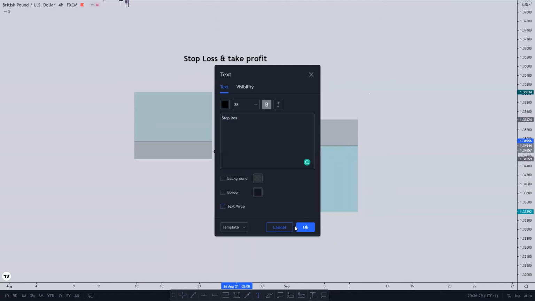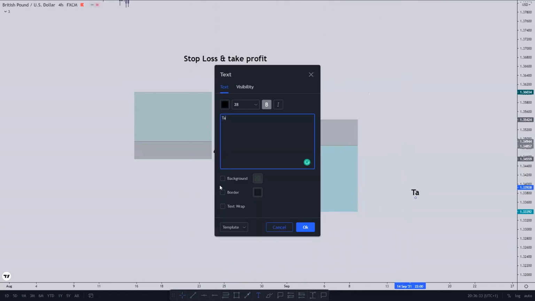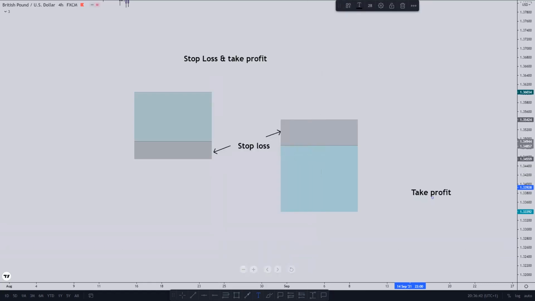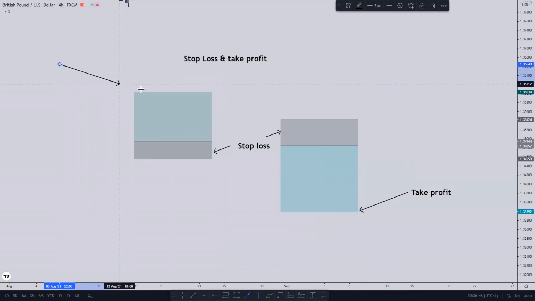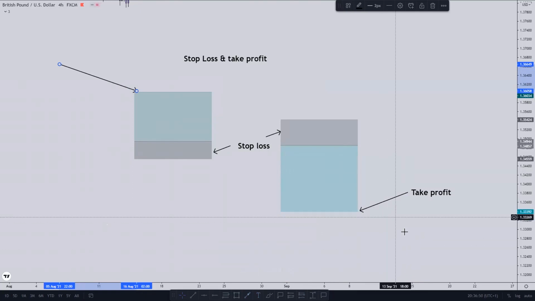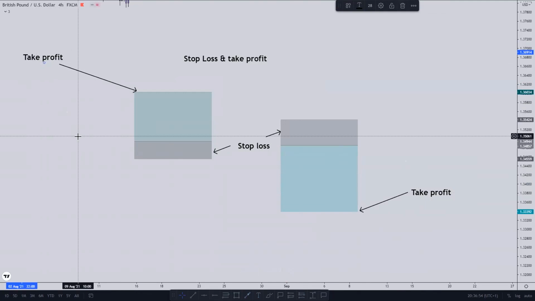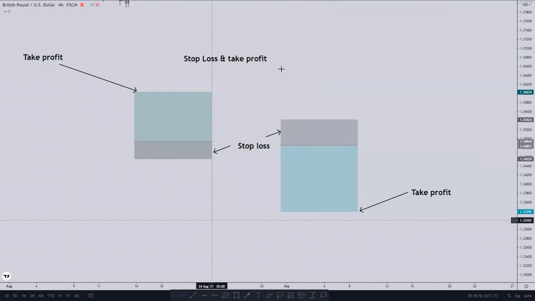Just take out the text wrap, and then this area is your take profit. And this price here is going to be a take profit, right? There. So, stop loss.